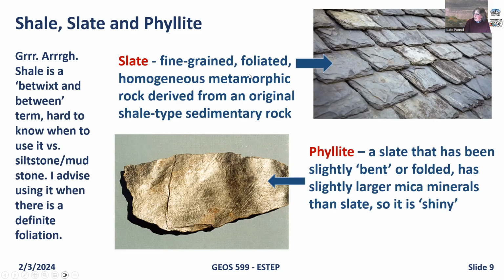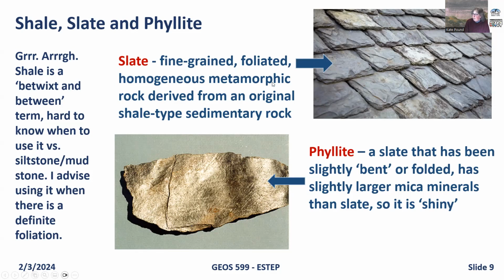layers. Whereas once you get to a slate, and here we have some roofing slates, it is fine-grained, definitely foliated. And the slight sheen one often sees on it is a result of those fine-grained clay minerals recrystallizing. There's really fine-grained micas in it.